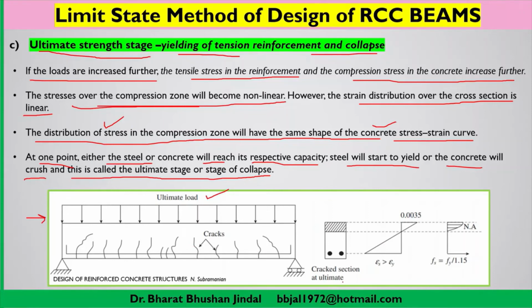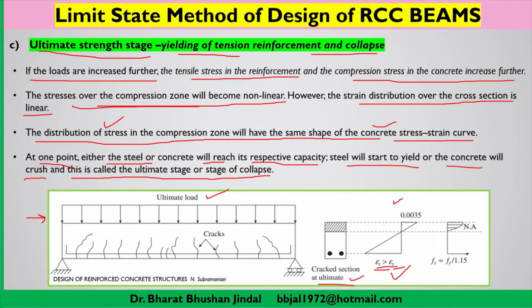So this will basically be the cracked section at the ultimate stage. Now you can see from this strain graph, which is for steel, that the strain in steel is greater than its yield strain, the strain which happens at the yielding stage.